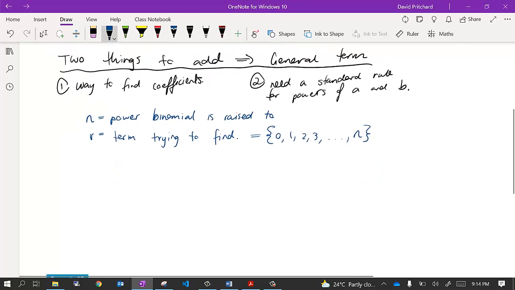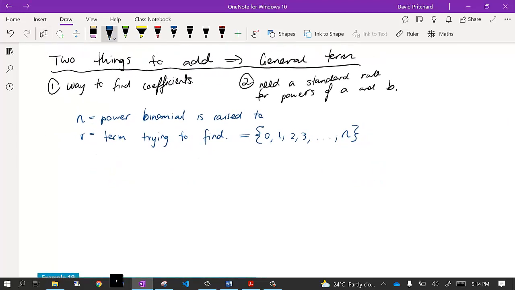The easiest way for us to find the coefficients is to use something called a combination. Now I'm not going to go through the theory of combinations today, but we're looking at nCr, and the simple breakdown of nCr is that it is the number of ways we can select r items from n items.